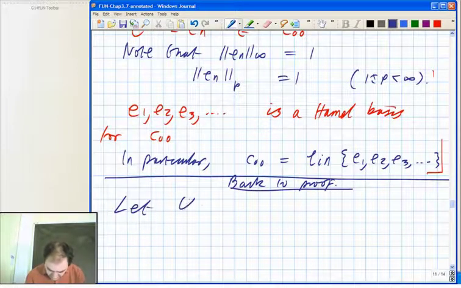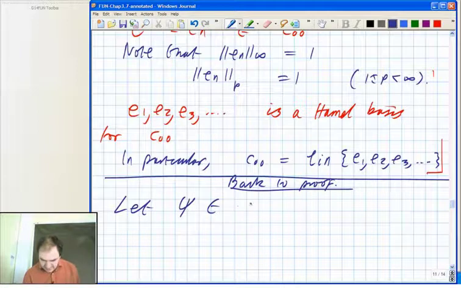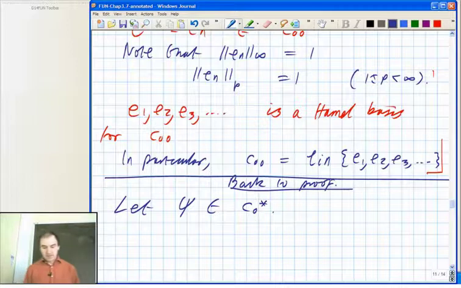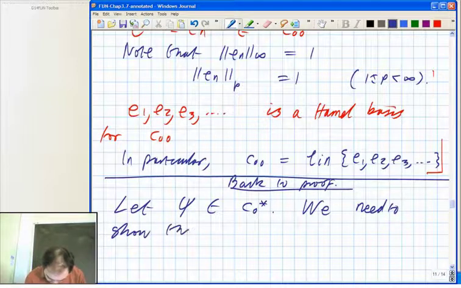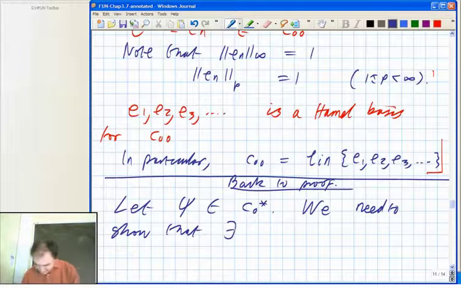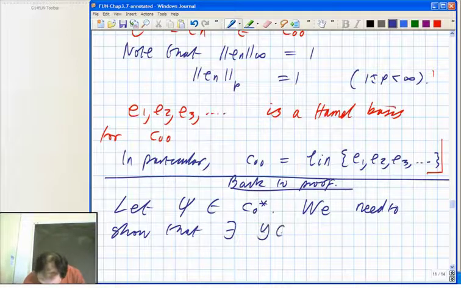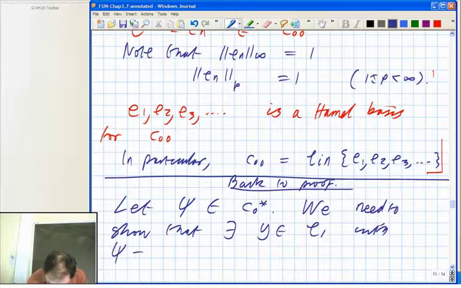So let psi be in C0 star. So it's a bounded linear functional on C0. We need to show that there exists a y in L1 with psi equals phi sub y.